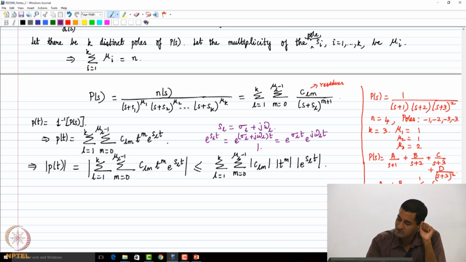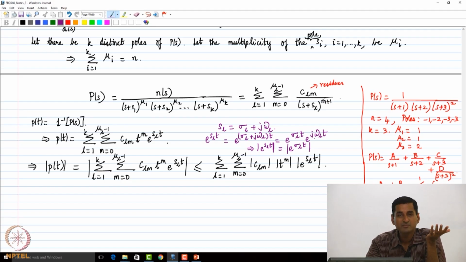Now what can you say about the magnitude of e power s_l t? That's going to be only the magnitude of e power sigma l t. Why?